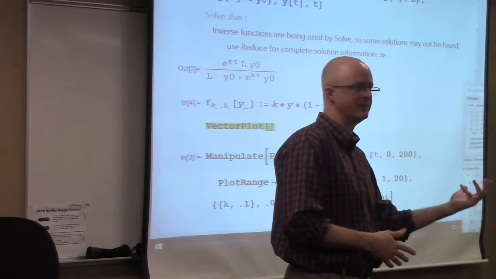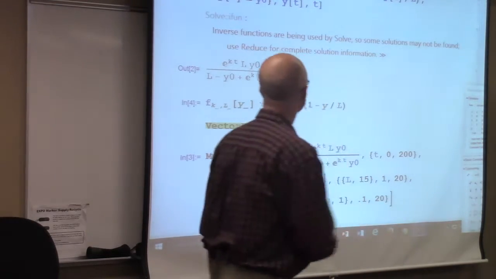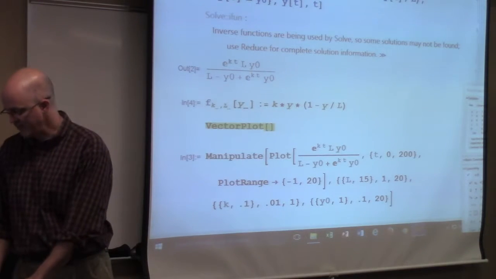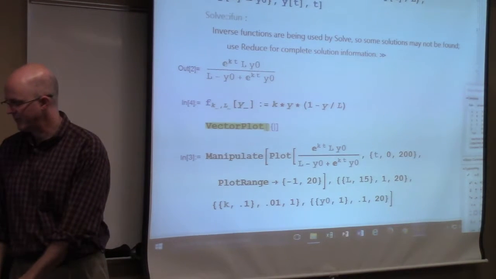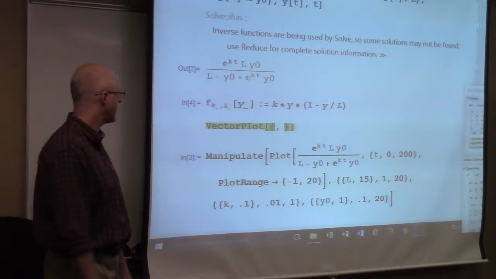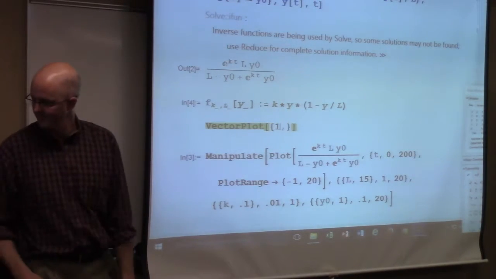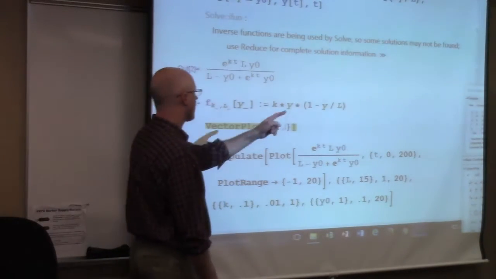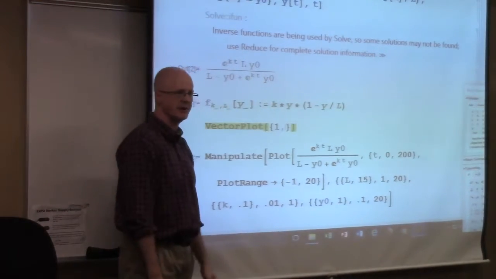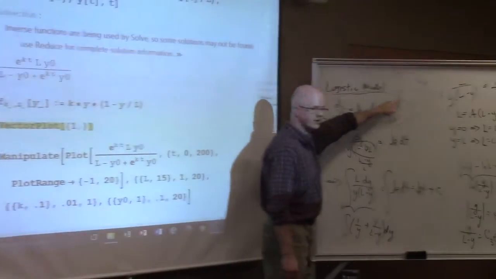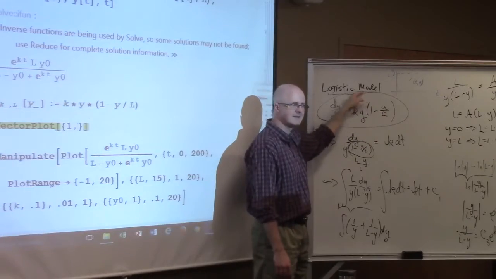We'll talk about vector fields on Wednesday probably, but today we're talking about slope fields. The way you make a slope field is you make some curvy braces here, and in front of the comma inside the curvy braces you put a 1, and then after the comma you put the right-hand side function for the differential equation here. This function here, same as this function right there, function of y.